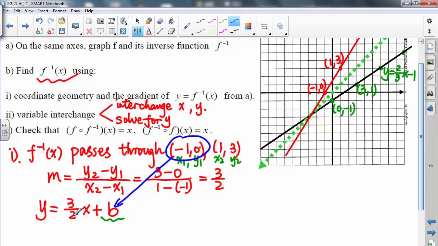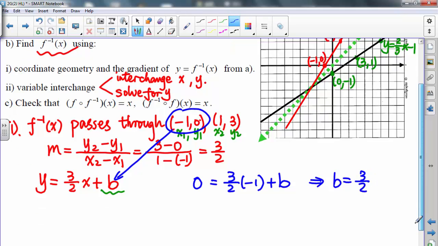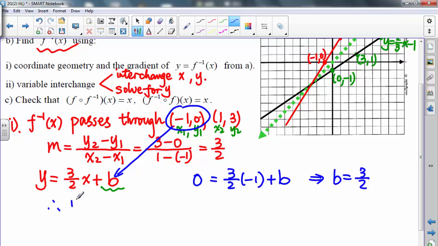I plug -1 in for x. It's 3 over 2 times -1 plus b. The y value is 0. Therefore, I can find the b value, which is also 3 over 2. So that means the inverse function is such a linear 3 over 2x plus 3 over 2.